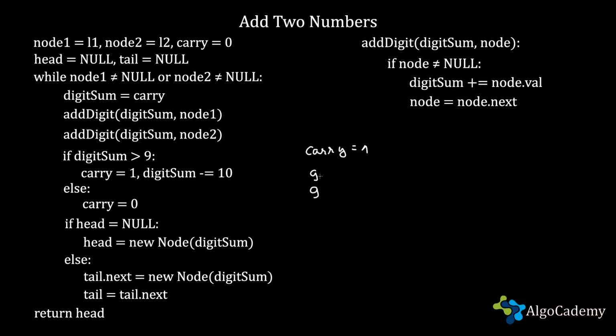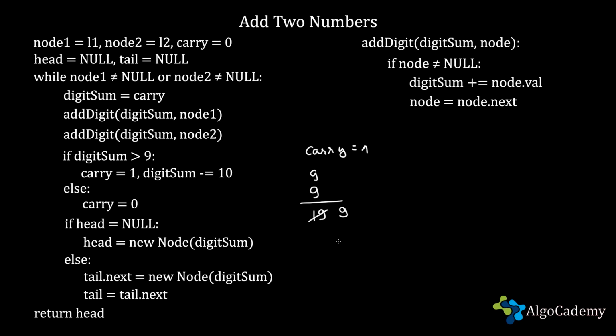What's going to happen? 1 plus 9 plus 9, that's 19. So what I need to do is make sure that carry is 1 for the next step. So set carry to 1, it's already 1, that's cool. And decrease the digit sum by 10. So now here I only have 9. I know that I have a carry for the next step. Here I have 9, so 9 is the digit that I should store in my next node.